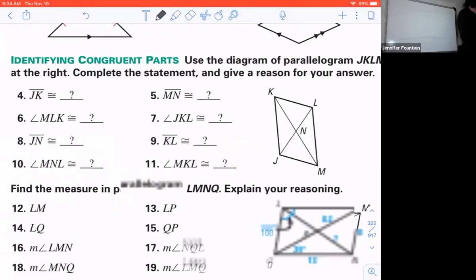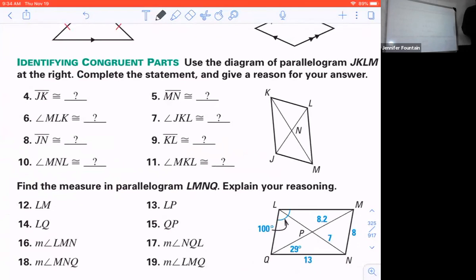All right, so looking at our figure, identifying congruent parts. We're using the diagram of a parallelogram and telling what would be congruent. So let's look at JK. What side is congruent to side JK? ML, good. What about MN?